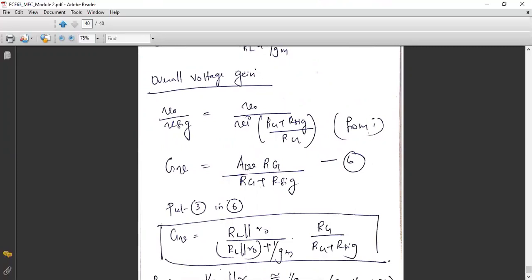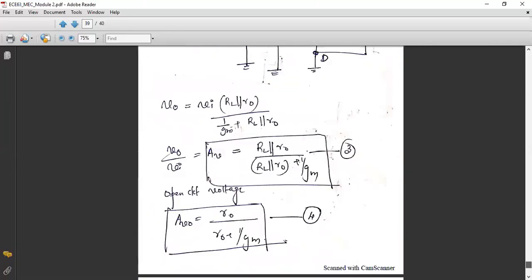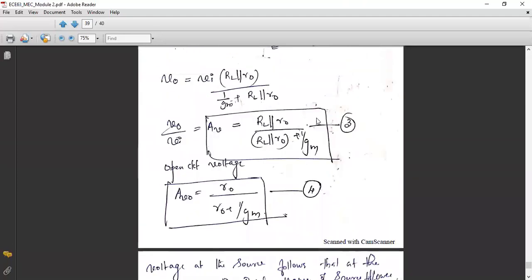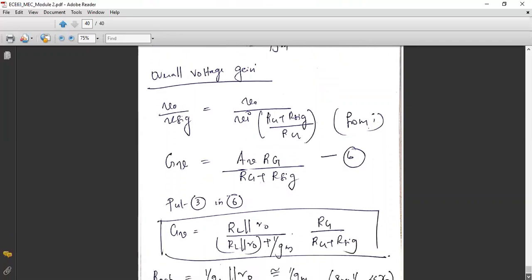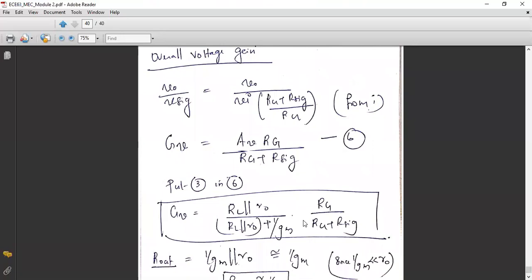We already found Av, right? So this Rg will come to the numerator, and V0 by Vi is your Av, and we know the equation for Av. Just now we wrote the equation for Av, and we can substitute that entire term in place of Av here, so that it becomes the equation for Gv.